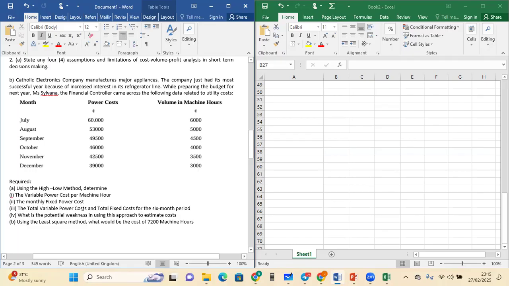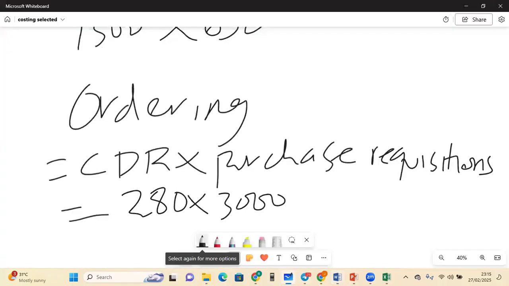And we should also state some potential weaknesses in using this approach to estimate cost. Then B is saying that we should use the least square method. Using the least square method, what will be the cost of 7,200 machine hours? So let's begin this.